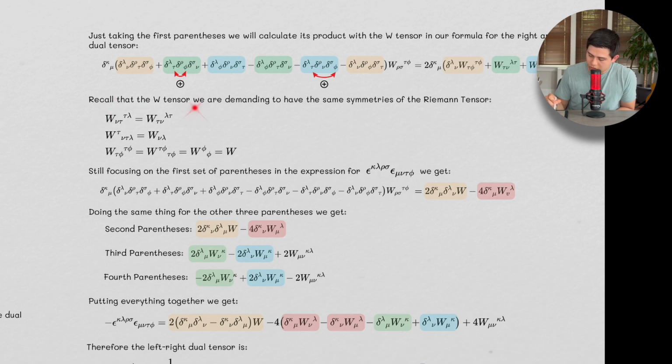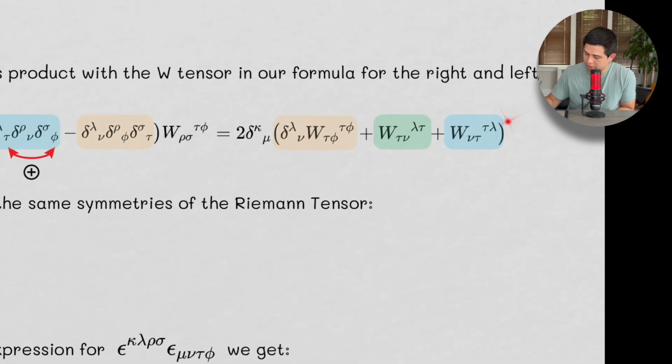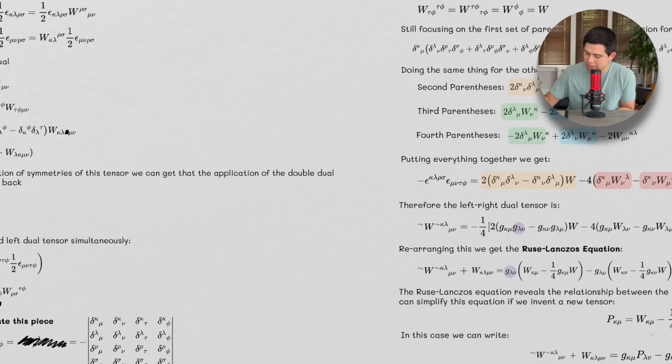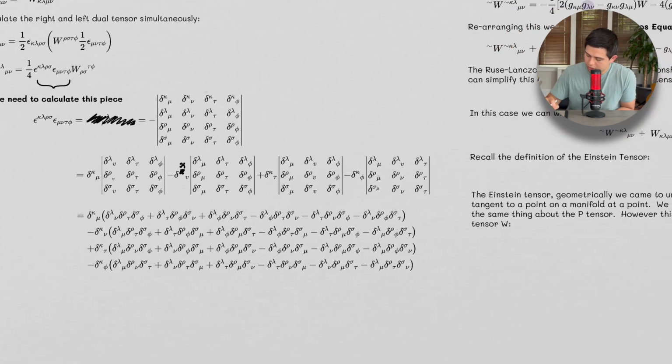So recall that the W tensor, we're demanding to have some symmetries, right? So we have this thing here. Now we can deal with its symmetries, okay? Symmetries are this, okay? And so we're still focusing on the first set of parentheses. Again, just this guy right in here.